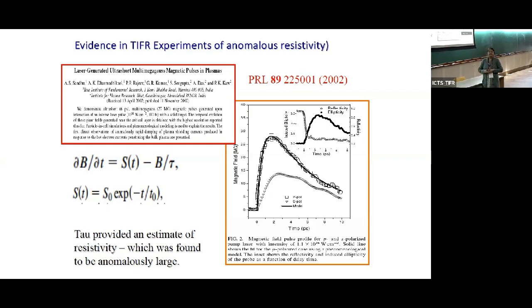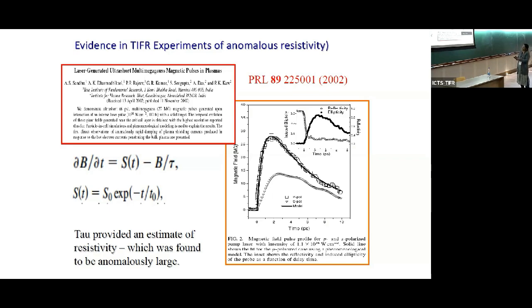From the ellipticity, with no Faraday rotation, which implied there is no axial magnetic field, and only ellipticity in the scattered laser beam, they could reconstruct the average magnetic field that the laser was probing. That seemed to grow over a picosecond timescale, from 2 picoseconds onwards, and then decay, which we were able to model with only three parameters, S0, T0, and tau.